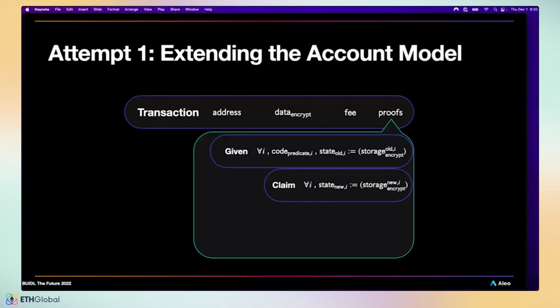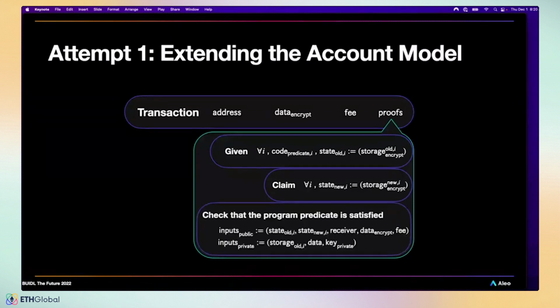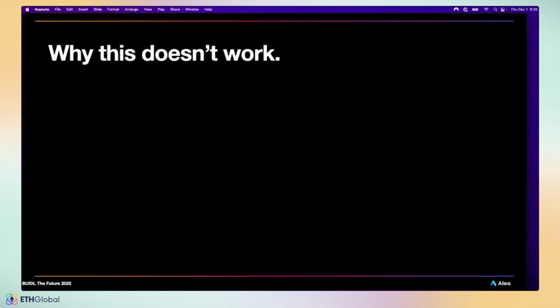And what the proof will do is check that the program predicate, the mathematical representation of the code that represents the state transition, is actually satisfied, is actually executed correctly. And with this, if the proof is verified, a verifier can be sure that the account state was updated correctly, but also doesn't learn anything about what the account state was, because it stays encrypted through and through.